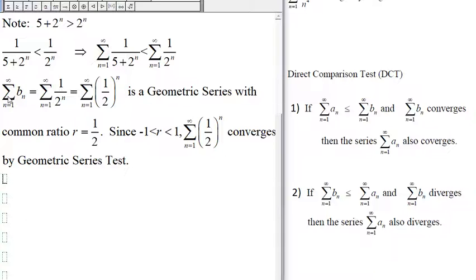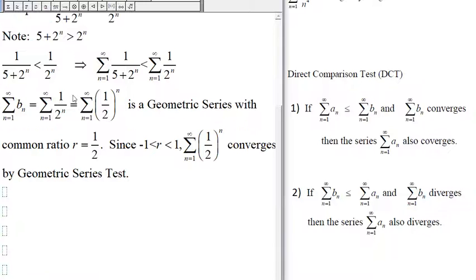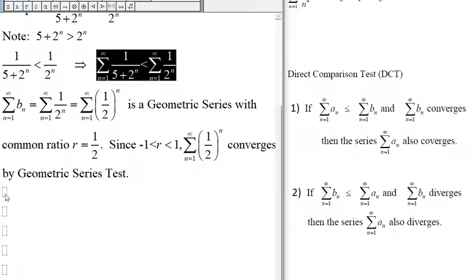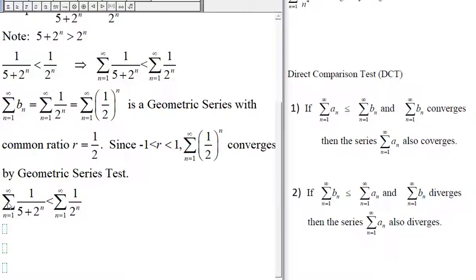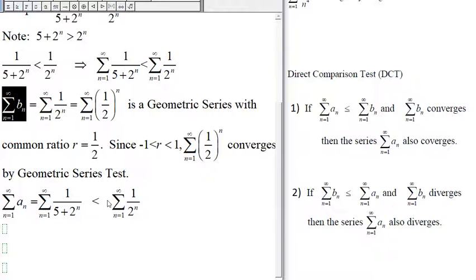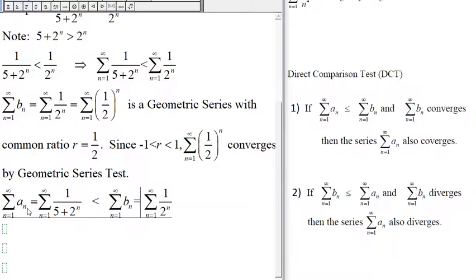And so we have the series A sub n right here. This is A sub n. And this is the series B sub n. So we have the infinite series A sub n less than B sub n.